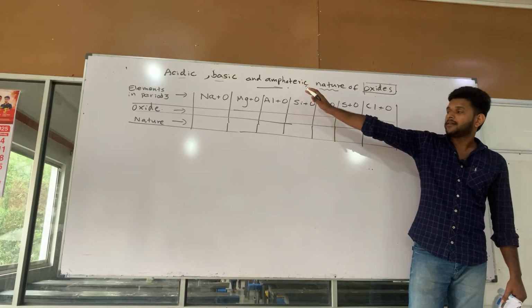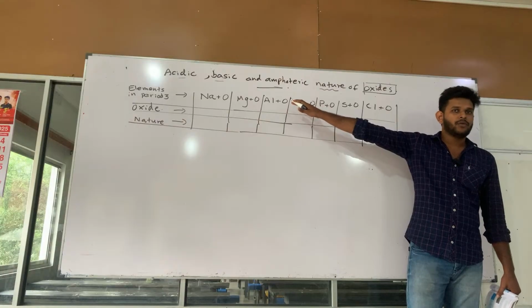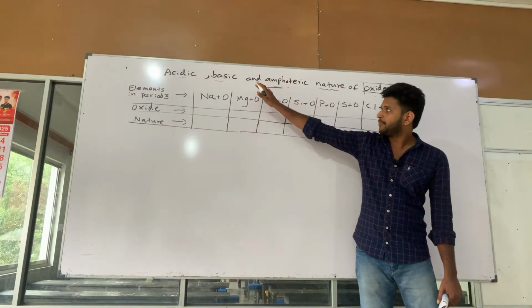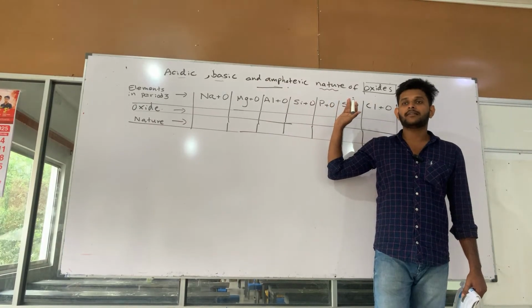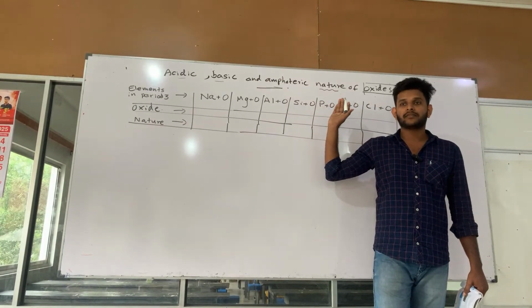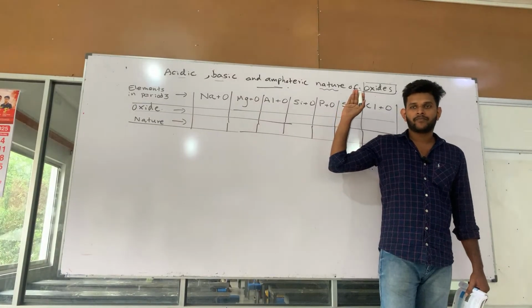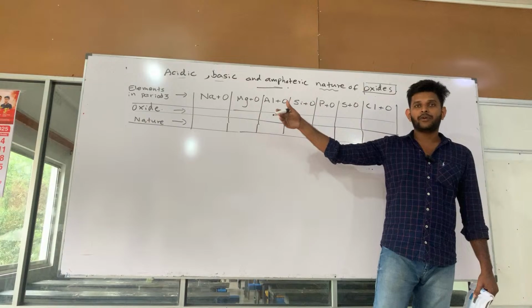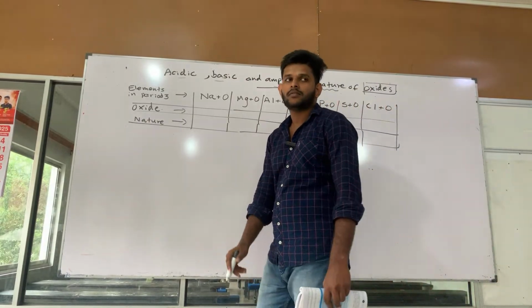Acidic and basic words are familiar to you, but you feel like amphoteric is somewhat different, but it is not different. You have heard someone called amphibians, no? Who are amphibians? Animals who can live in water and land both.